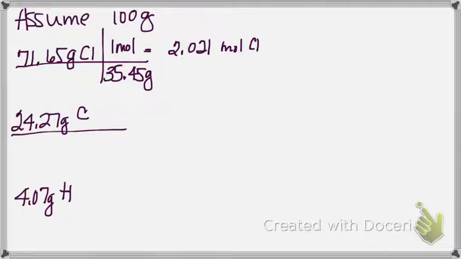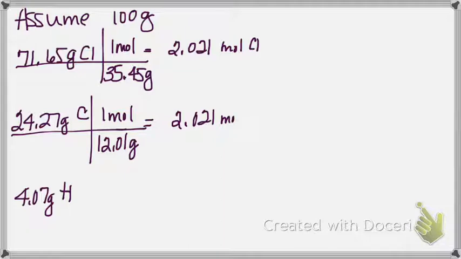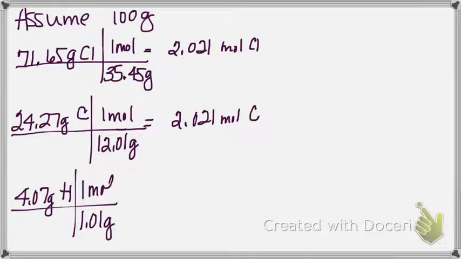Then I do the same thing for carbon. Carbon's molar mass is 12.01. And I get 2.021 moles of carbon. And now hydrogen, 1.01. And that gives me 4.030 moles of hydrogen.